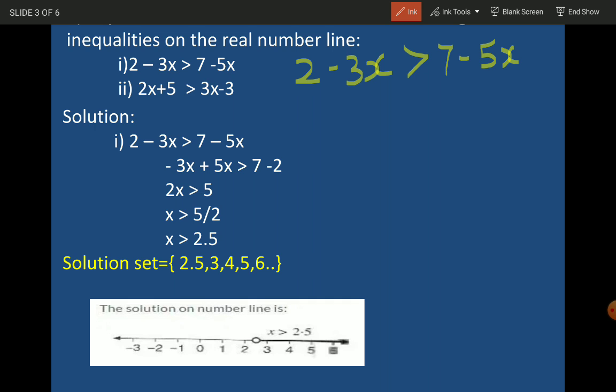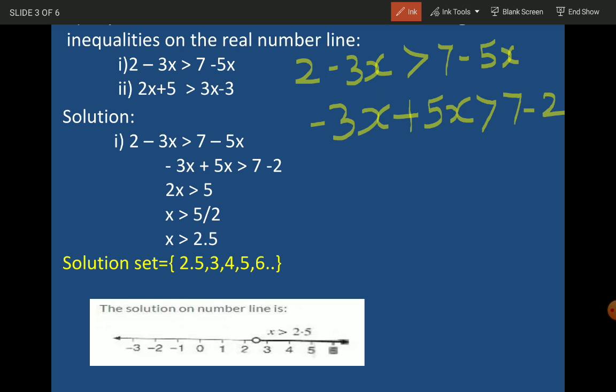So here we are interchanging, x value on one side and constant value on the other side. On the left hand side, minus 3x stays in the same place. Minus 5x is changed to plus 5x after interchanging. Greater than 7 stays in the same place. Plus 2 is changed to minus 2.